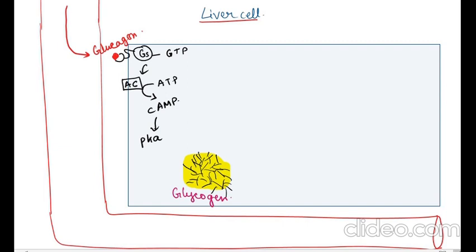Now within the cell, since the glucagon is there and giving all the signals, this PKA will give a signal, and therefore this glycogen will now be converted into glucose. This is what we are trying to get. Glycogen is the stored form of glucose, right? It's a very big molecule.